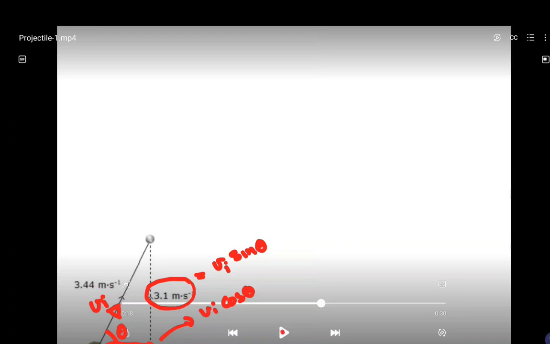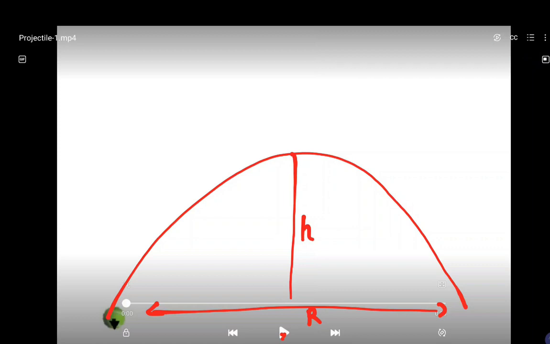Now let's have the model here. Start with this one. This is the maximum height, and this is the range, the horizontal range.